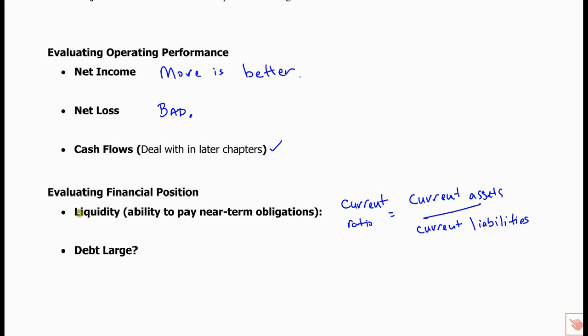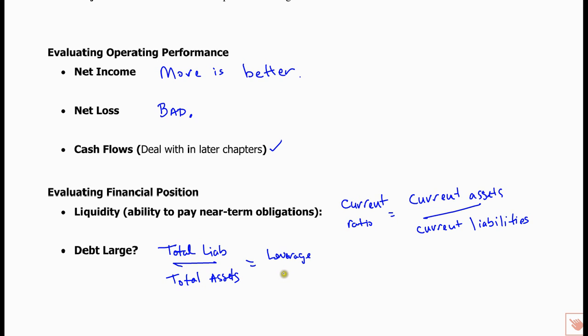The other thing to look at is, is the debt large? This is liquidity, which is more of a short-term view. You could take total liabilities to total assets. What does it mean to have a large amount of debt? Well, it just means you're more financially risky. You can't go bankrupt if you don't have debt, both as an individual and as a corporation.